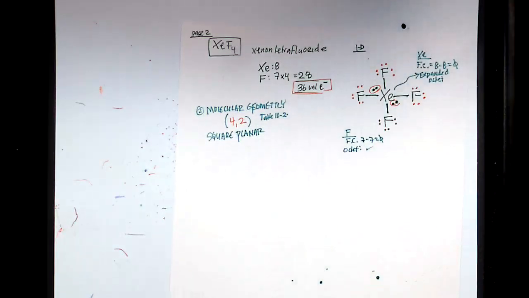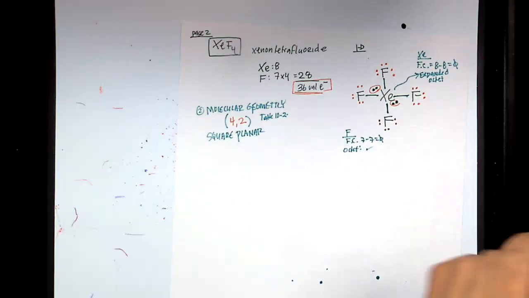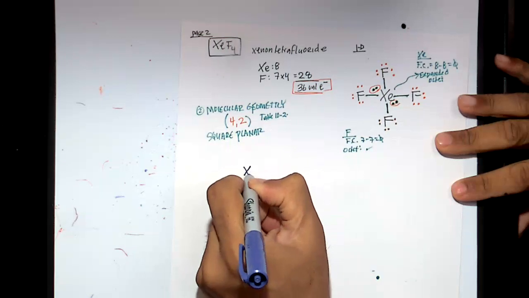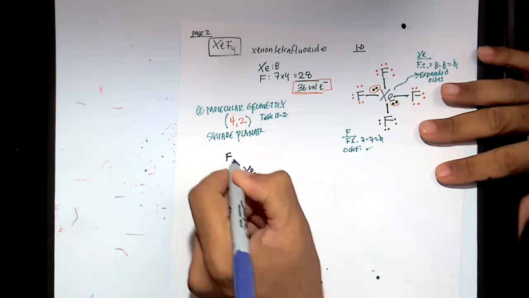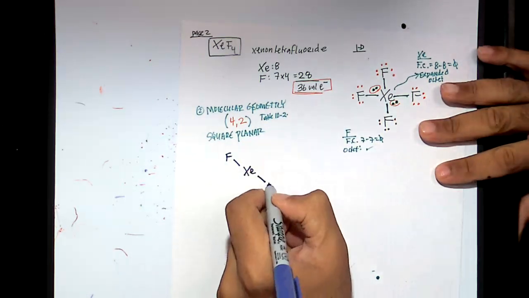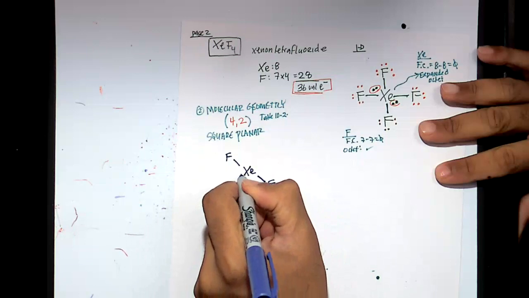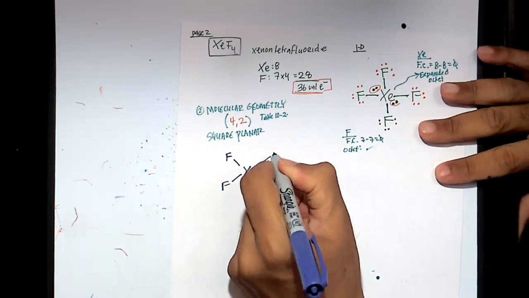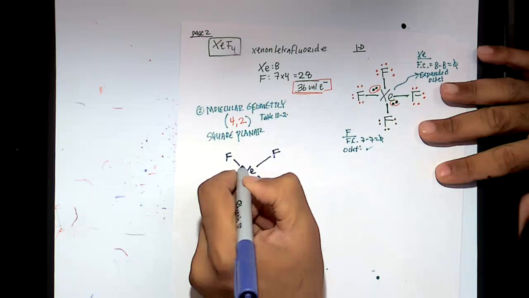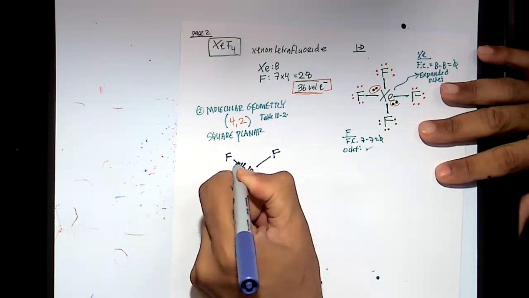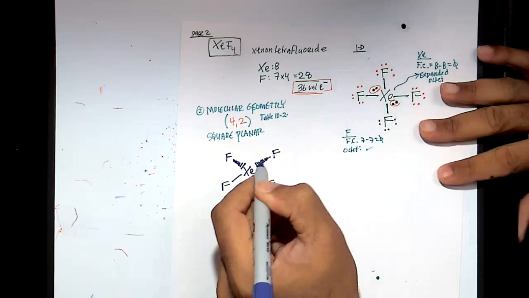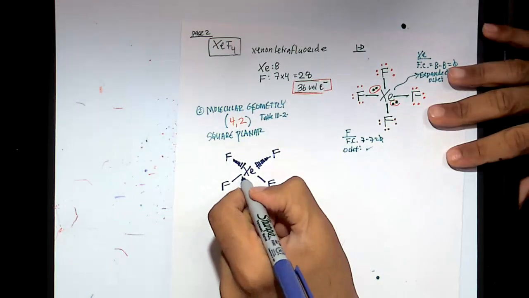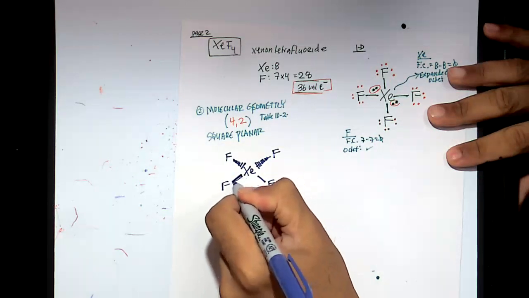The next challenge is to try to figure out how to draw this in three-dimensional space. So here's one way you can do it. Again, there's more than one answer. So you can have the XeF4 drawn with two fluorines coming away from you, and then this fluorine is coming above.